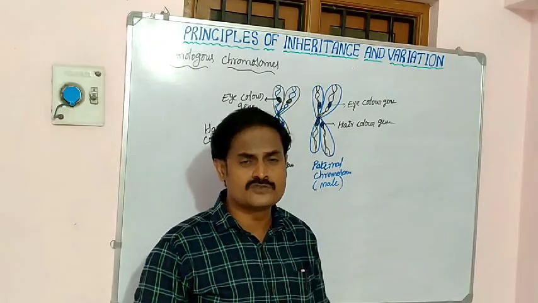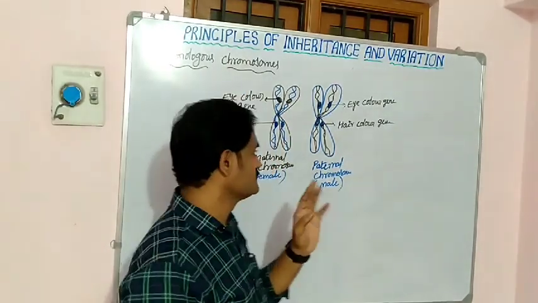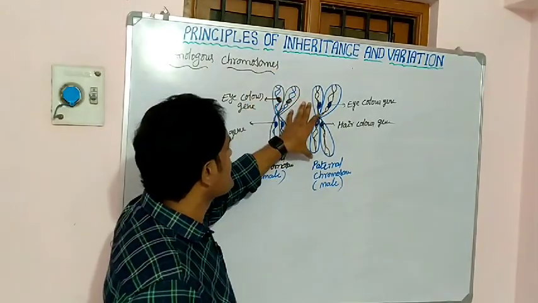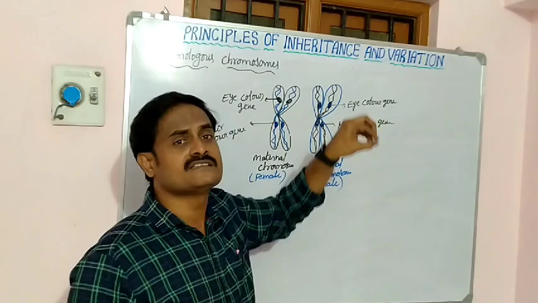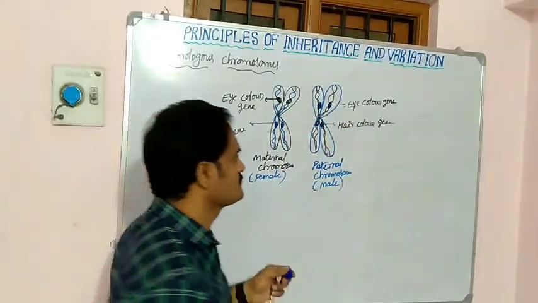Such kind of chromosomes are called homologous chromosomes. Understood? Homologous chromosomes means same genes present in the same position of different chromosomes.